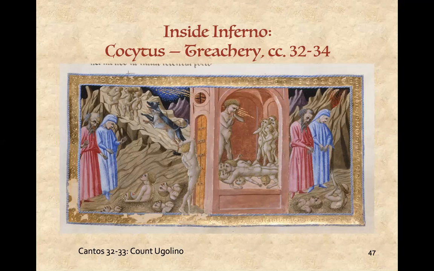And of course, here as readers, we have the choice of just thinking that this is what happened back then. But I don't think that this is how Dante wanted us to understand this.